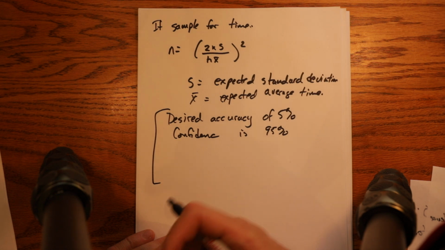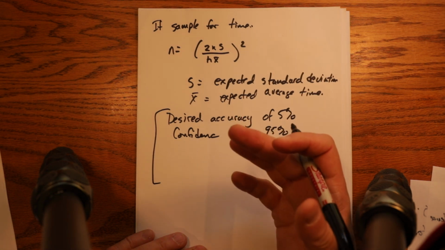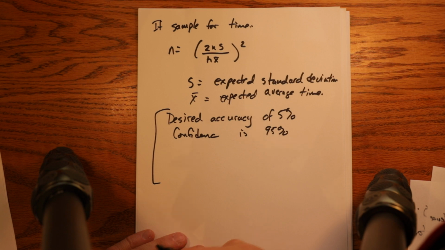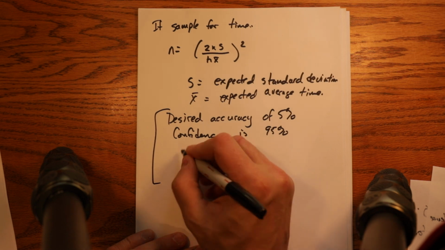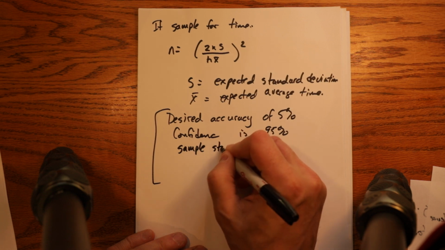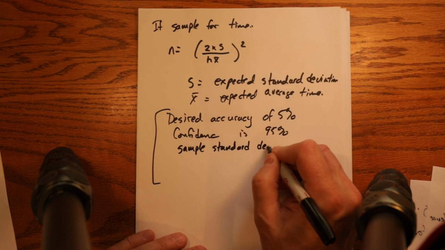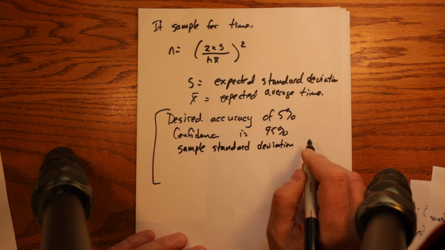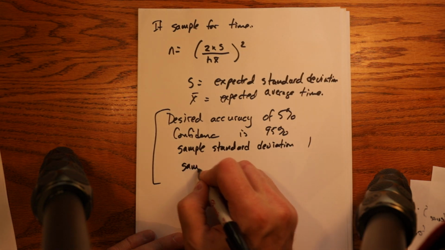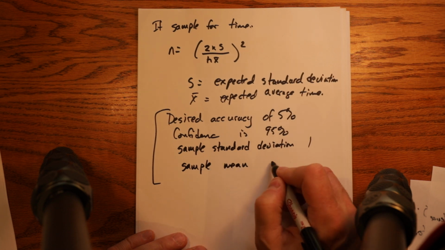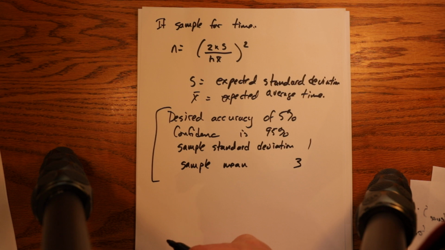So I would ask, you want to sample for time, you want to have 5% accuracy, 5% error, confidence is 95%, the sample standard deviation is 1, and sample mean is 3. So you get the question. You're trying to determine how long a certain activity takes. You've done a small sample, you have an average of 3 and a standard deviation of 1. You want a confidence interval of 95% with an error rate of 5%.